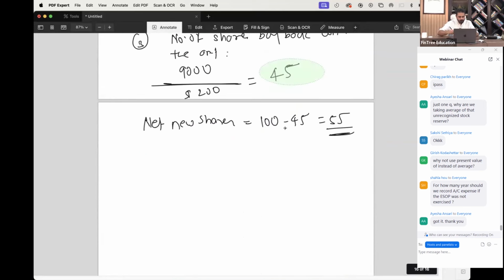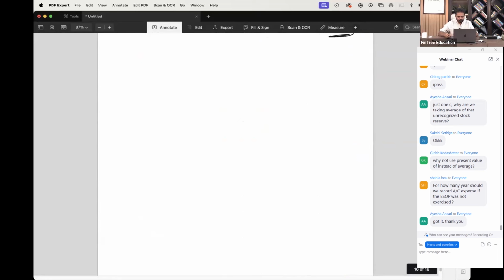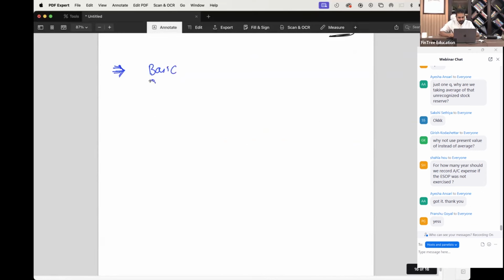Okay, you know what? We should do one more example on the same topic so that you get comfortable with this. Let's say the firm has basic shares of 100. The number of ESOPs is 50. The strike price of these ESOPs is 30. The spot price at that time is 50.